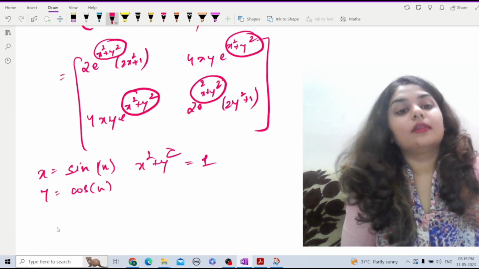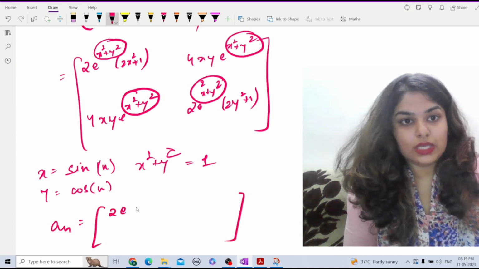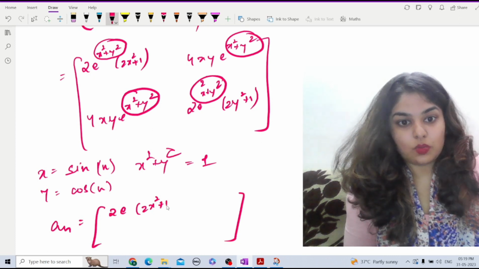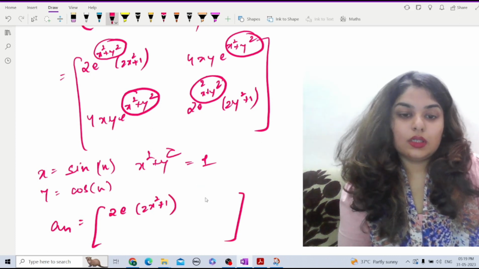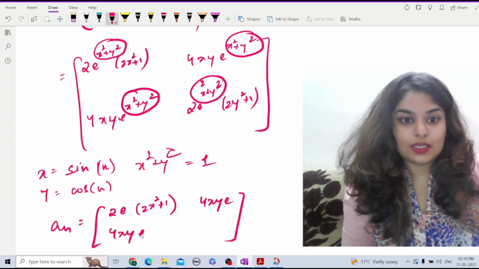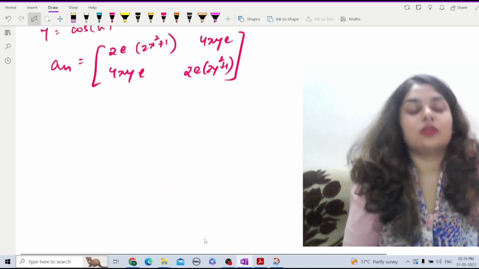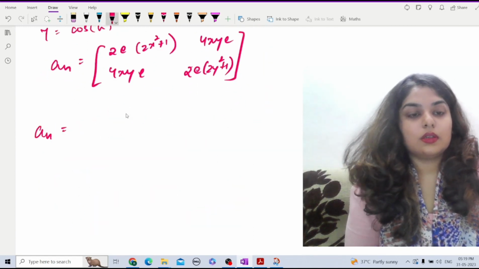So let us write down the matrix now in a simplified manner, that is 2e into 2x square plus 1, 4xye, 4xye, and 2e into 2y square plus 1. Now let us operate the determinant.